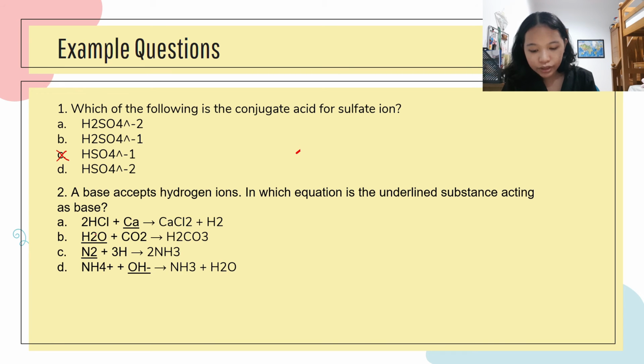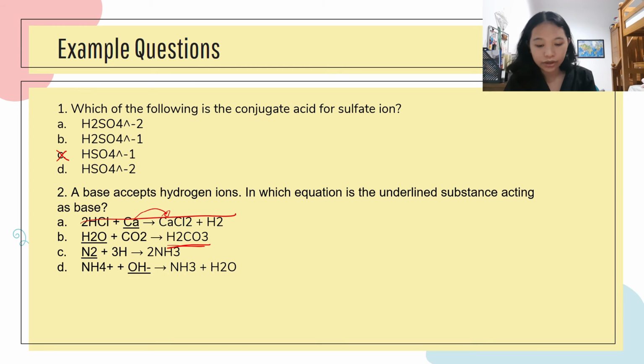So the first one, hydrochloric acid plus calcium. So this calcium is going to be CaCl2, and it is not accepting hydrogen ion, so this is wrong. Next we have H2O plus CO2 resulting in H2CO3.